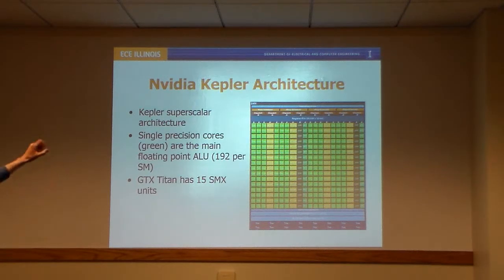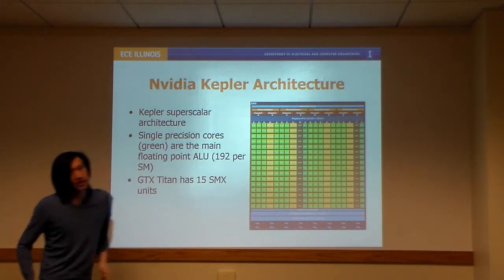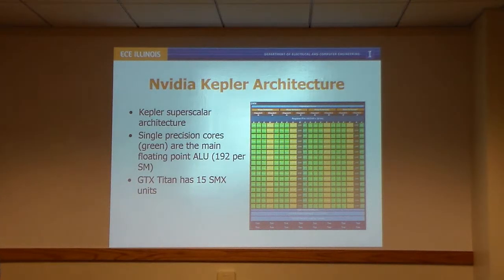And each of those dispatch units and schedulers schedules a warp, which is a group of threads, and we'll talk about that in a bit, into basically one column of these green guys, right? And one column of those green guys, you can think of as a sort of SIMD grouping.